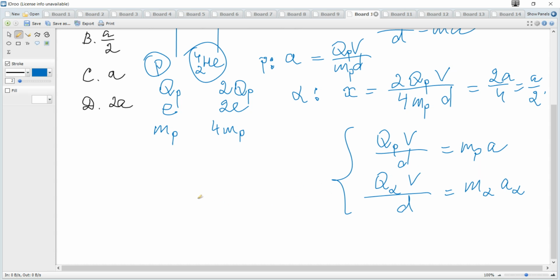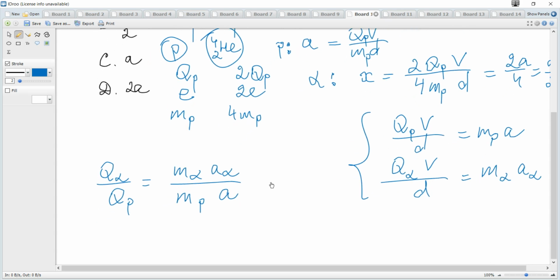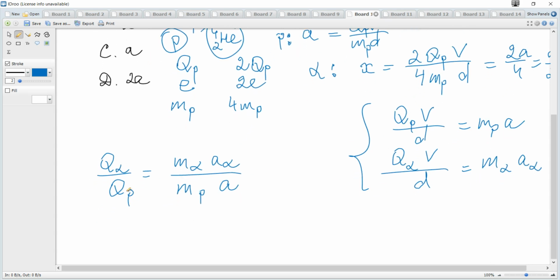Let's divide the second by the first, and we get q alpha over qp is equal to m alpha a alpha over mp a, and q alpha over qp is 2, and m alpha is 4 times larger, a alpha over a, and you can see that a alpha is a divided by 2.